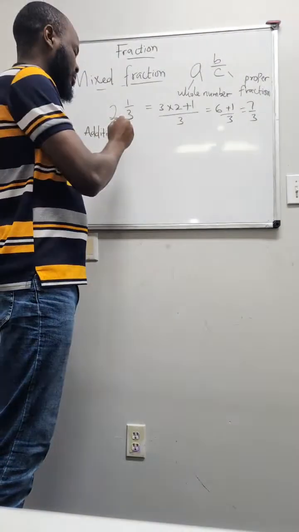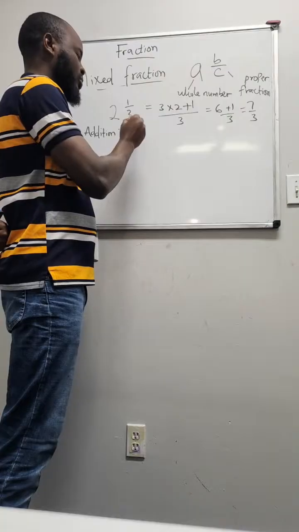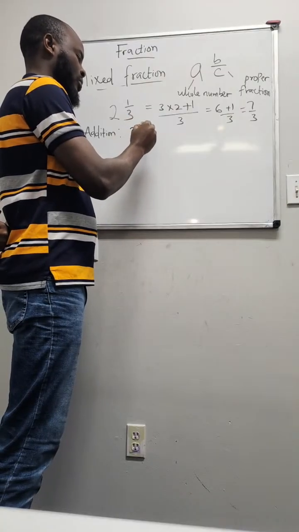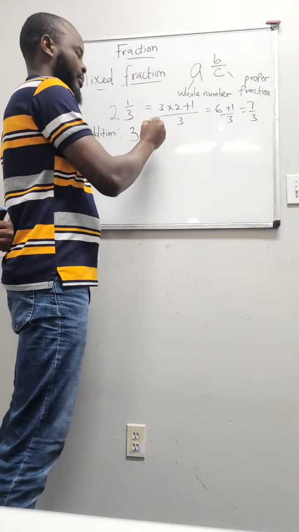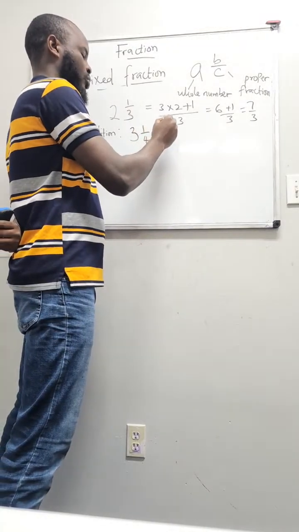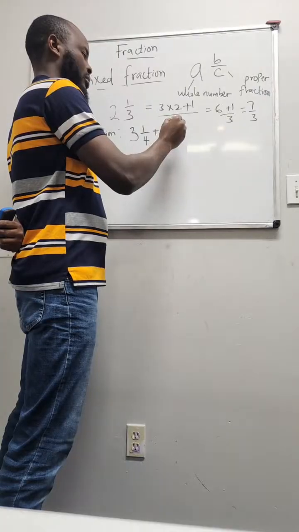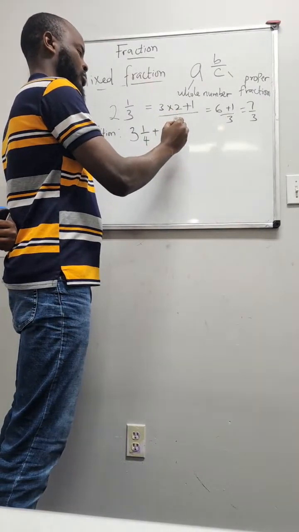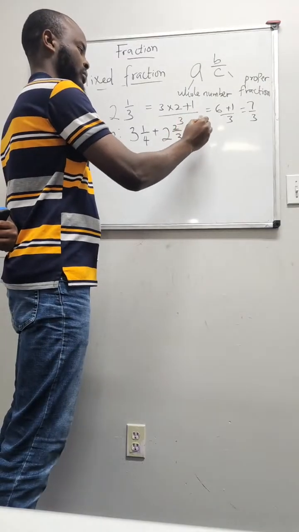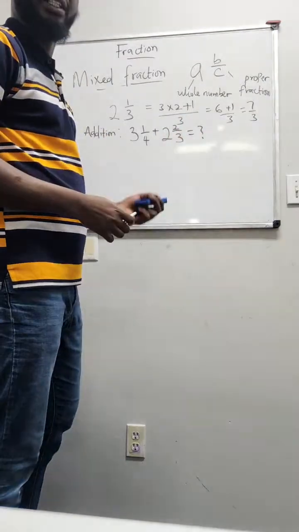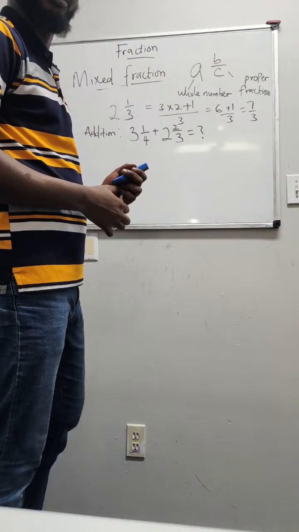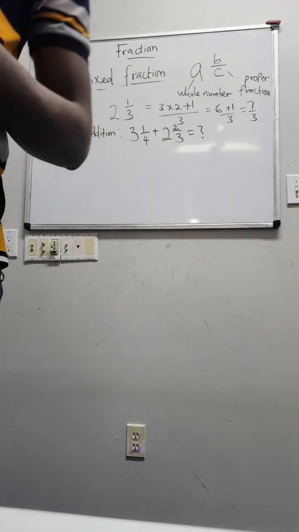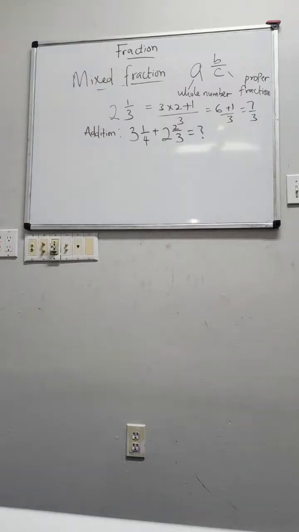Here we have three whole number 1 over 4 plus 2 whole number 2 over 3. I want you to try this and put the answer in the comment section.